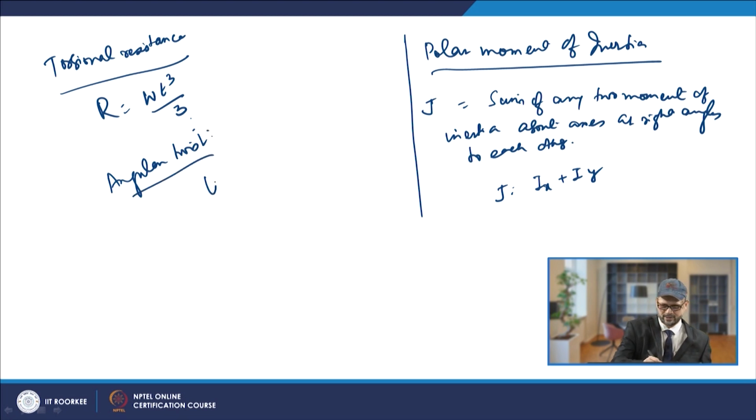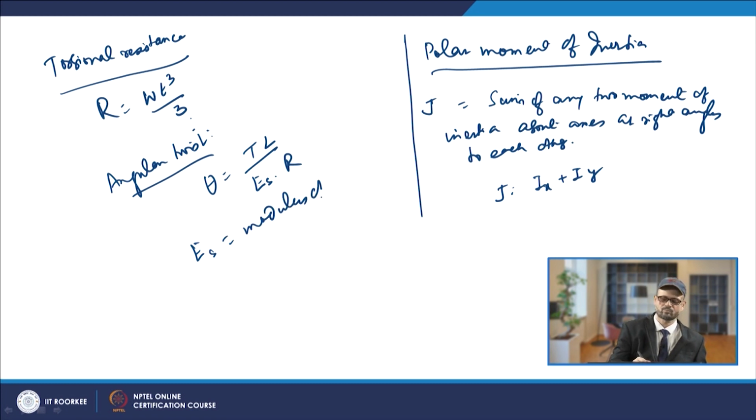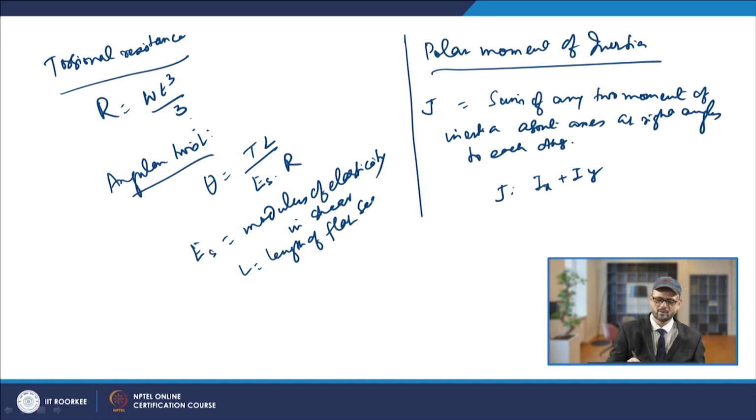The angular twist will be T L upon E_s into R. Here E_s is the modulus of elasticity in shear, L is the length of the flat section, T is the torque, and R, as we know, is the torsional resistance.